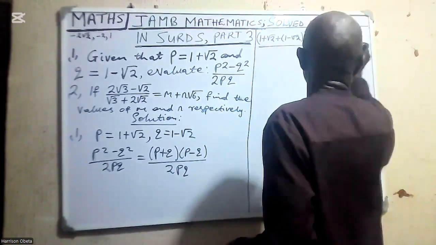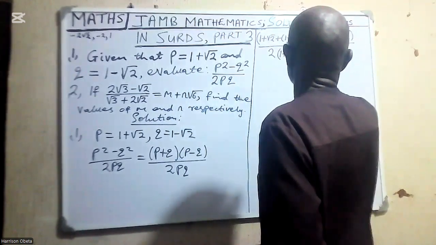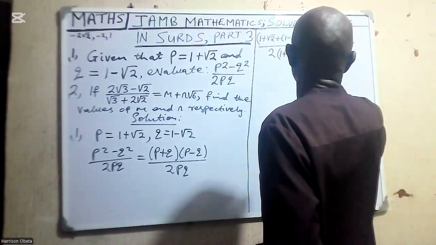Then everything over 2 into 1 plus root 2, and then 1 minus root 2.